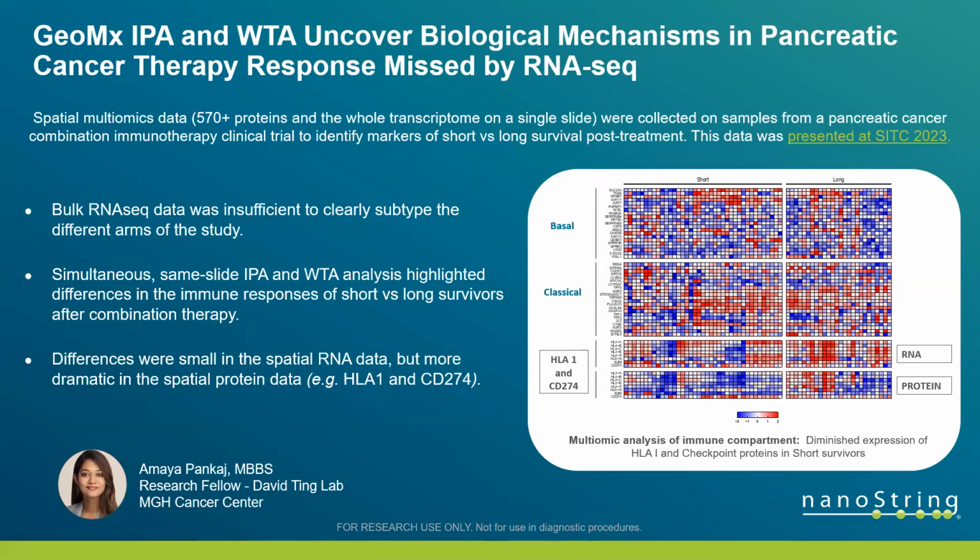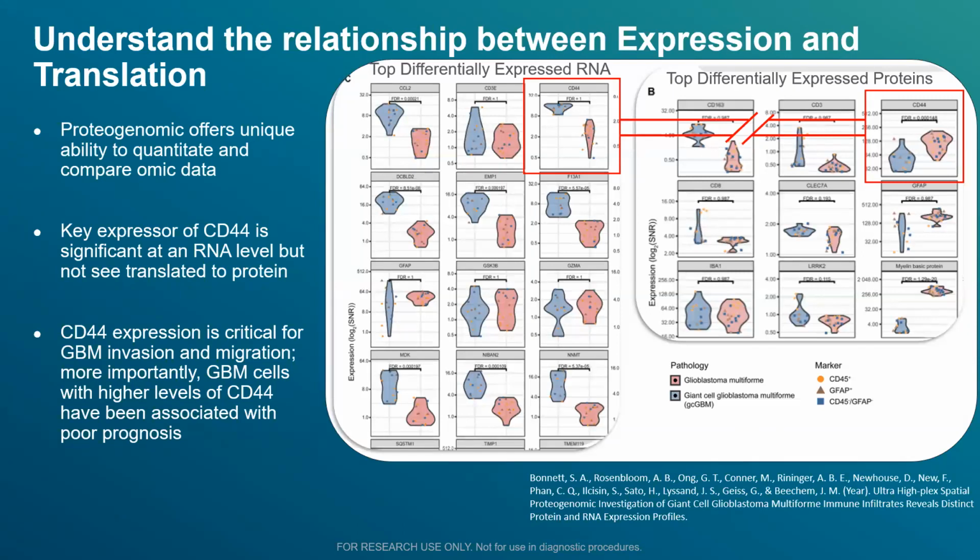And that really highlighted this immune response of short versus long survivors after combinatory therapy. And they were able to find these differences that were small in the spatial RNA data, but more dramatic within the spatial protein data as well. So really interesting data sets we're getting across a number of different tissue types as well.